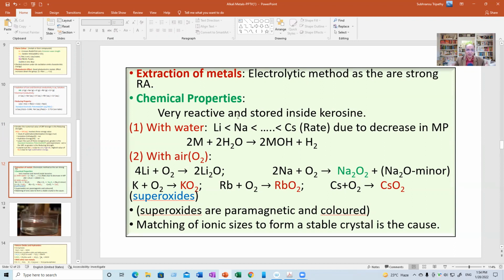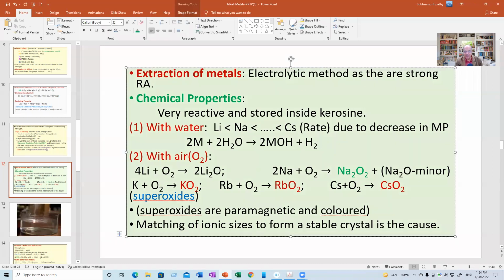You might have seen in different videos that whenever you put an alkali metal in water, it is a highly exothermic process.